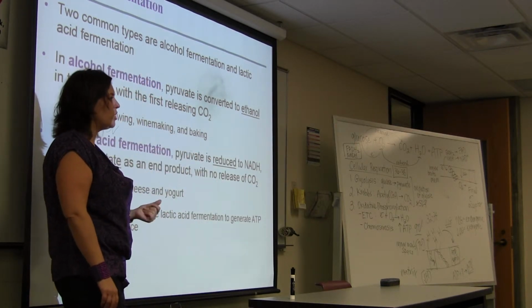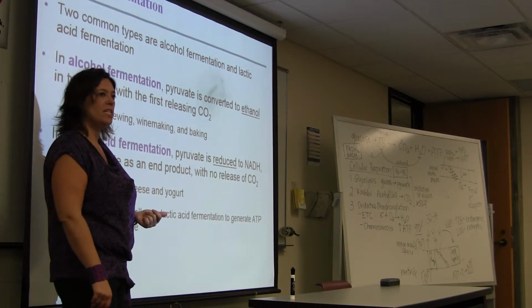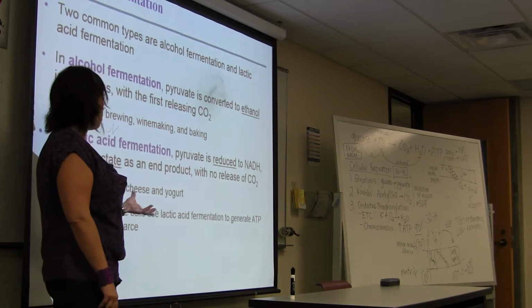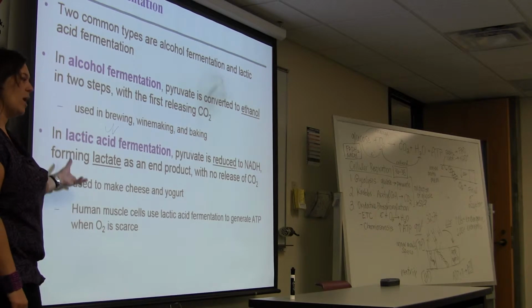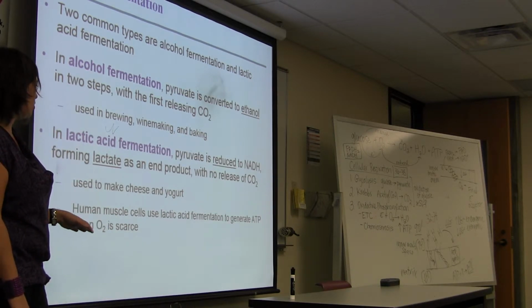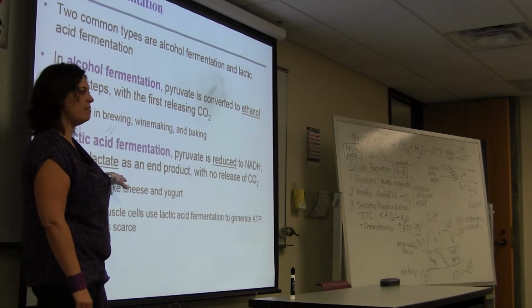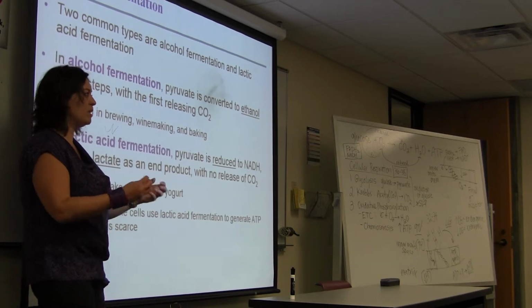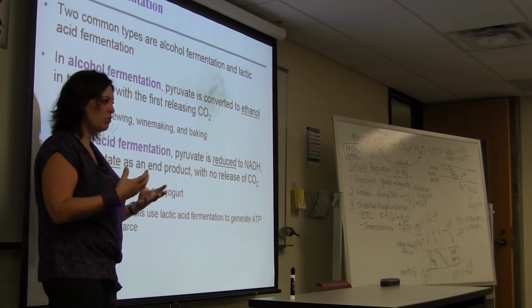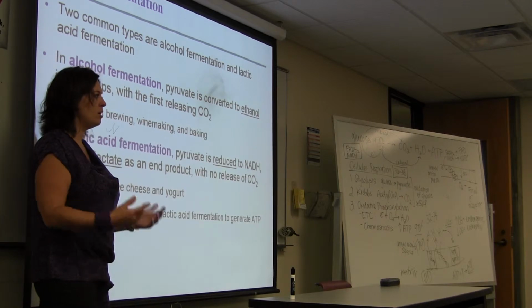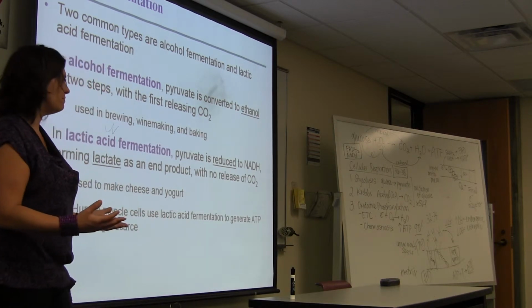So your body will switch over to a backup mechanism for producing energy, which is lactic acid fermentation. As a result, you're going to get the formation of lactate, and it's going to build up in your muscle cells, and that's what gives you that burn that you feel when you've been exerting yourself physically.